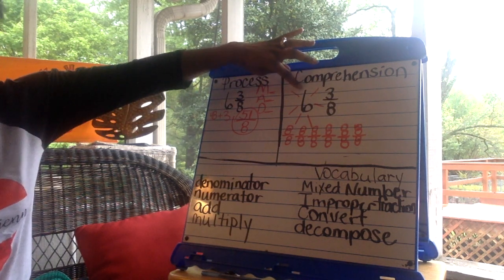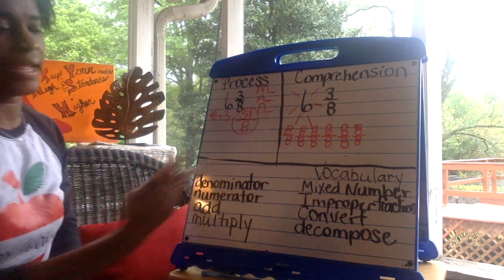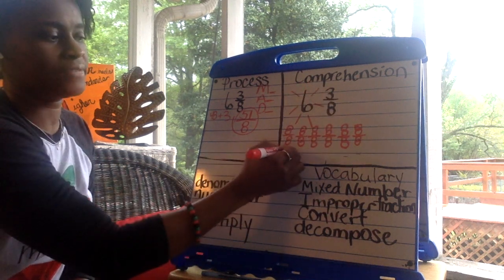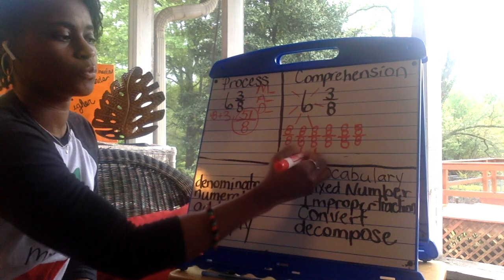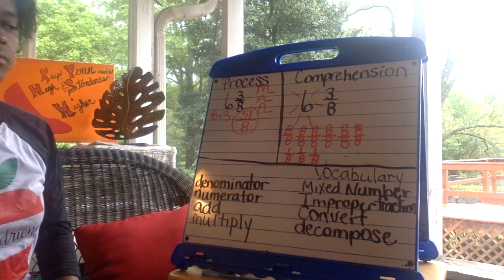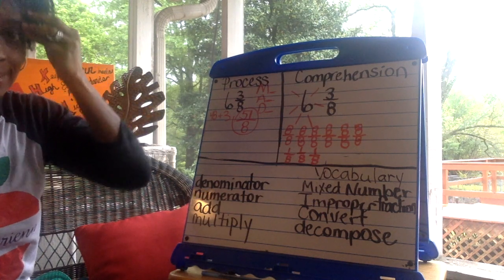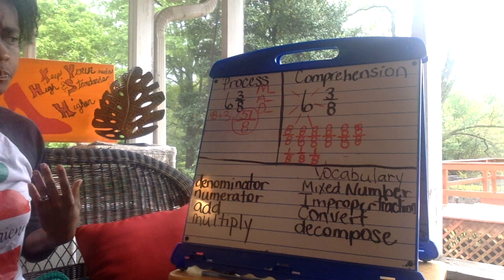Okay, that encompasses my 6 wholes here. And the 3/8, I'm just going to decompose my 3/8 into unit fractions. Now I can thoroughly see what 6 wholes and 3/8 is actually made of.